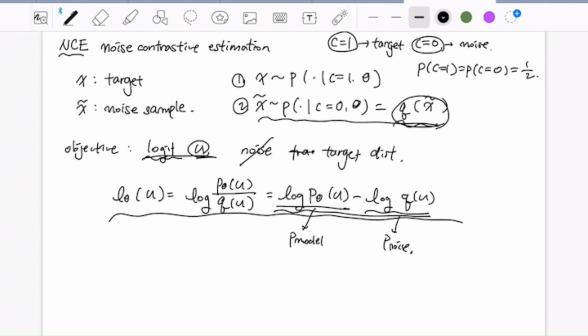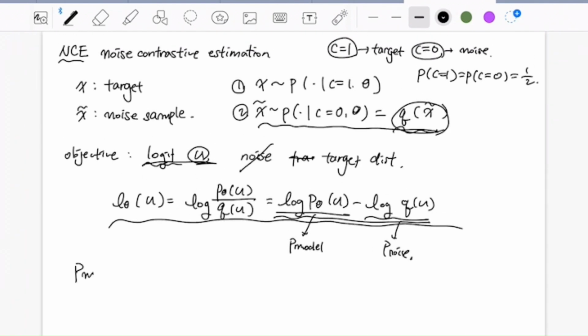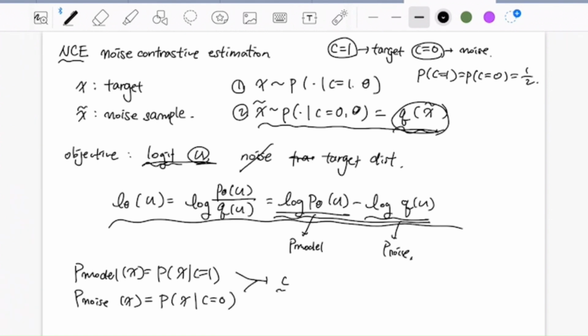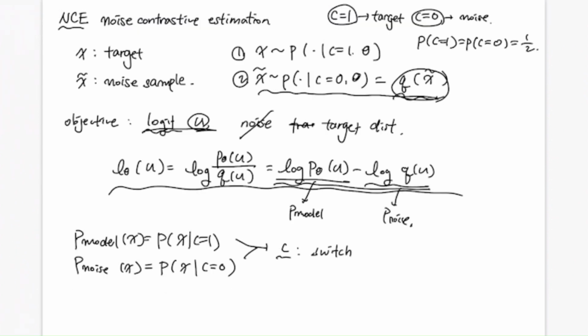And let's write this term as P model, and this as P noise. Step by step. So as I wrote here, the P model can also be written as x conditioned on C equals 1, and the P noise can be written as x conditioned on C equals 0. So we can think of C as the switch, which determines whether we will get this x variable from the model distribution or from the noise distribution, right?